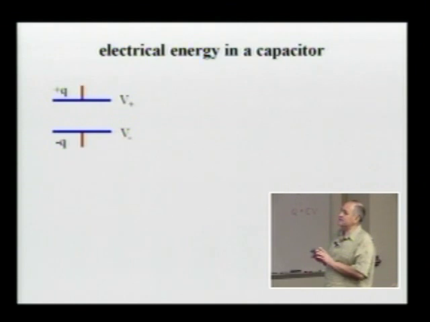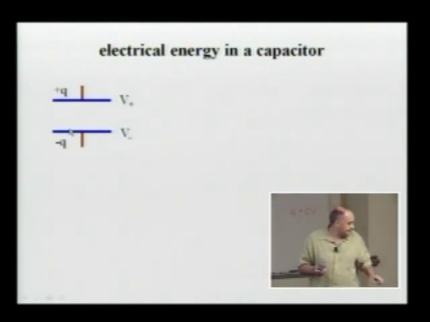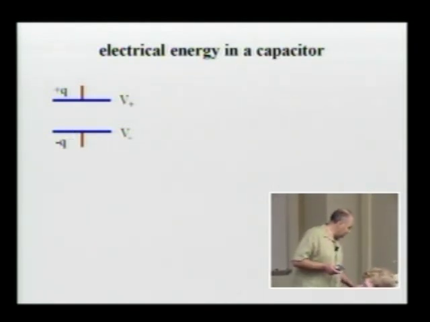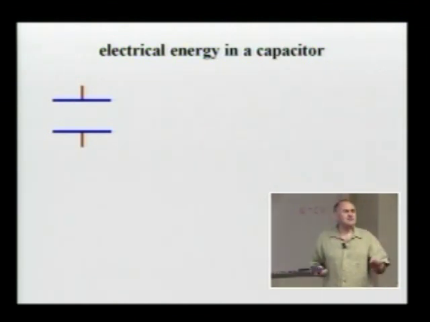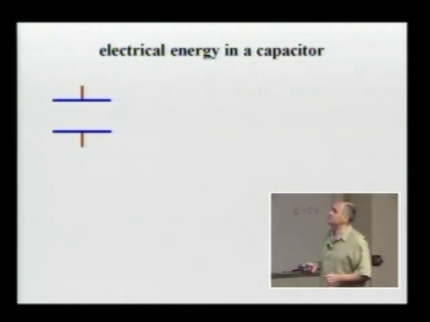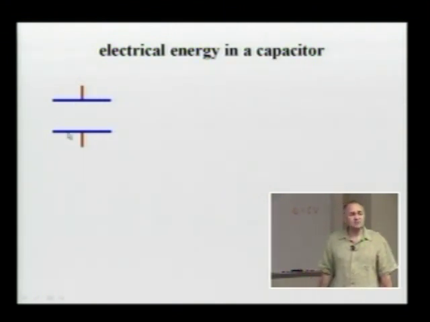So let's find out how much differential work. Let's start with this situation, and we can actually even do it calculating electron by electron. So how much work would we have to do in order to transfer one electron from one plate to another plate if the capacitor is completely discharged?